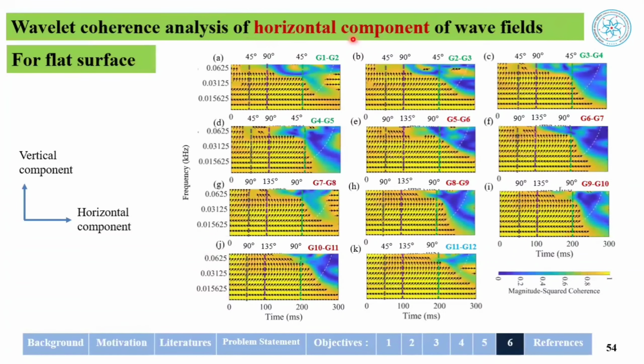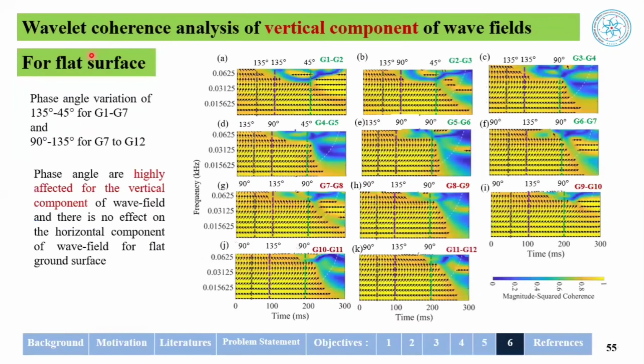For the flat surface, we observed that the horizontal component of the wave field shows a uniform variation, but the magnitude of phases is less compared to the vertical component, and that uniformity is maintained in this time and frequency range.